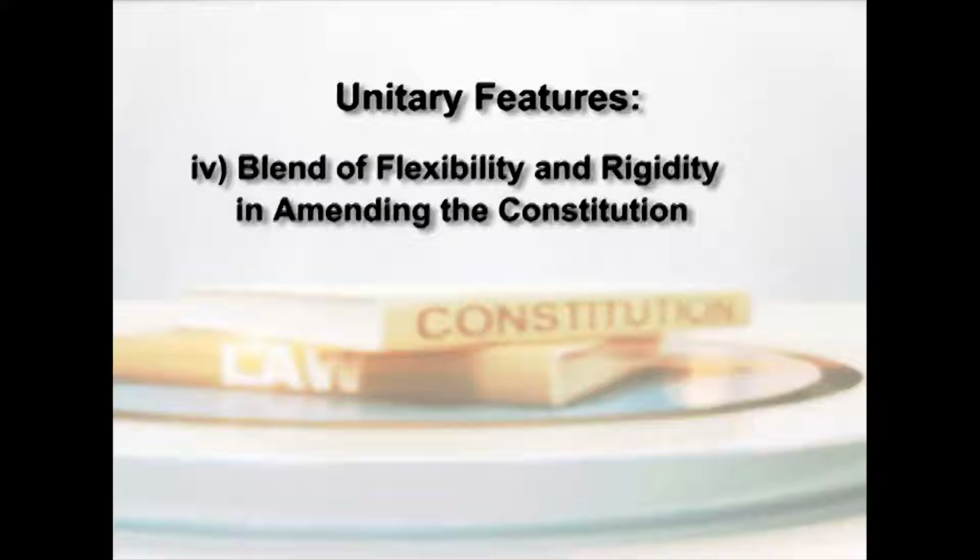Only a simple majority, that is more than half of the members present and voting on that very date. Some of its provisions can be amended by a two-thirds majority of the members of the Parliament present and voting. Very few provisions are there, amendment of which requires the consent of the states.